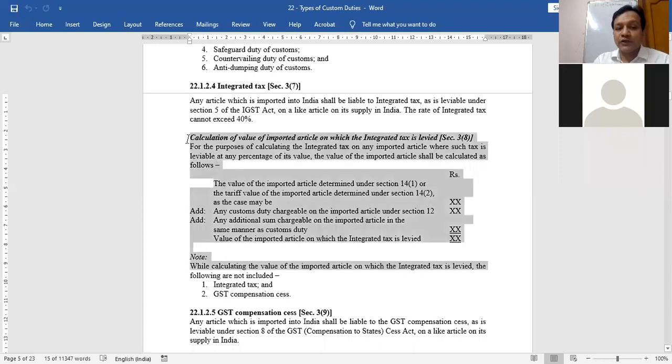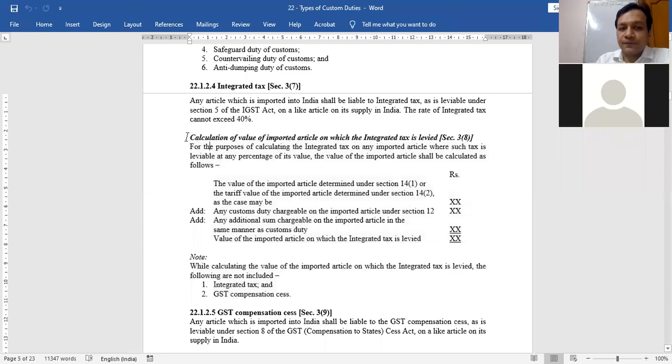You must remember this. You should take the photo, not screenshot. You must be having this photo with you, because you must learn this.